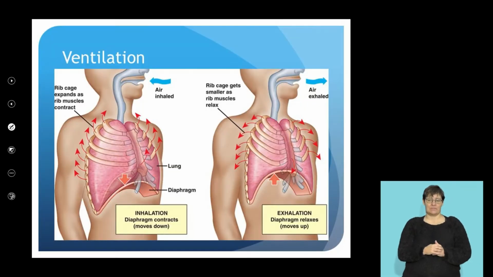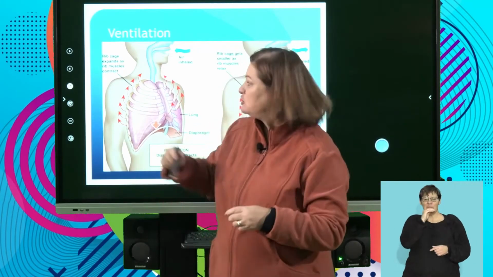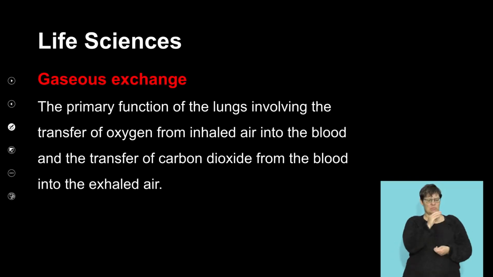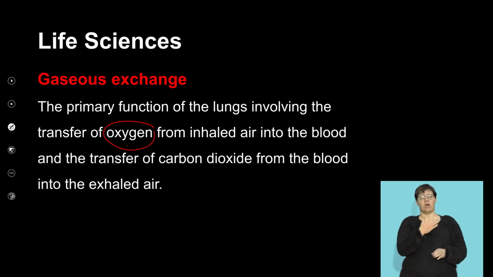So if I say the process of breathing is inhalation and exhalation, getting air in and out of my lungs, what exactly would gaseous exchange be? If I have a look at the concept of gaseous exchange, it's the primary function of the lungs, involving the transfer of oxygen into the blood.